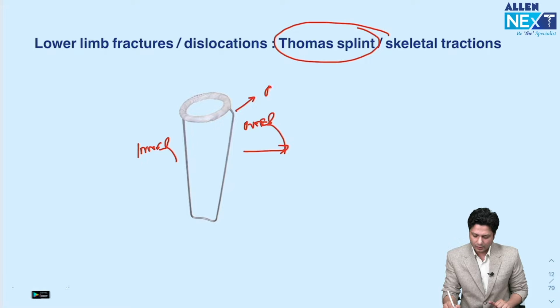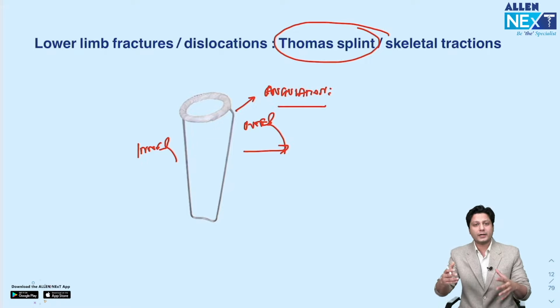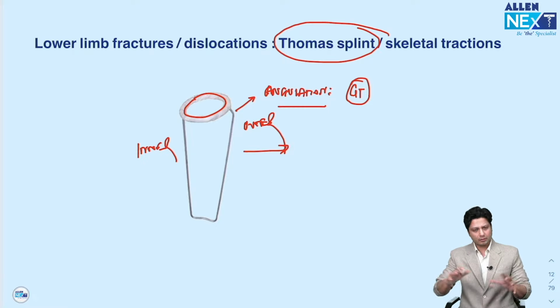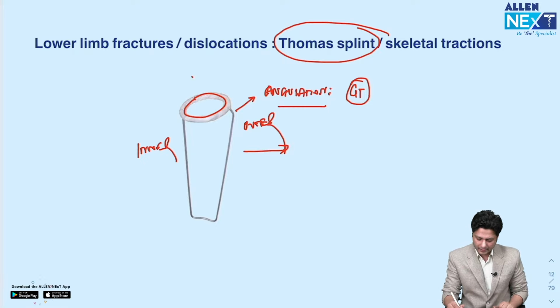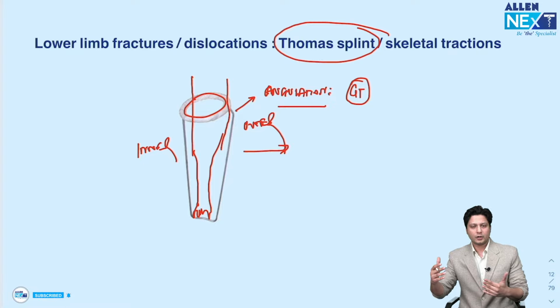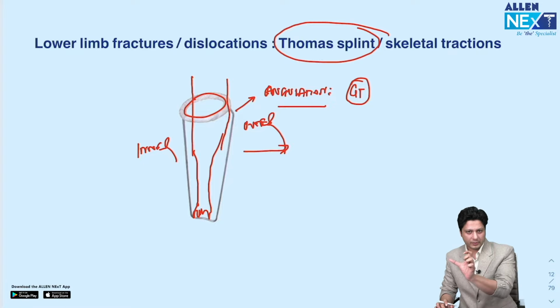There is an angulation, and all of you know that this angulation is in order to accommodate the greater trochanter of the femur, the GT of the femur, and we are having a circle. Then the limb is kept immobilized in it, like this, rough diagrammatic representation, and then the bandages are applied. So this is one way, application of a Thomas splint.